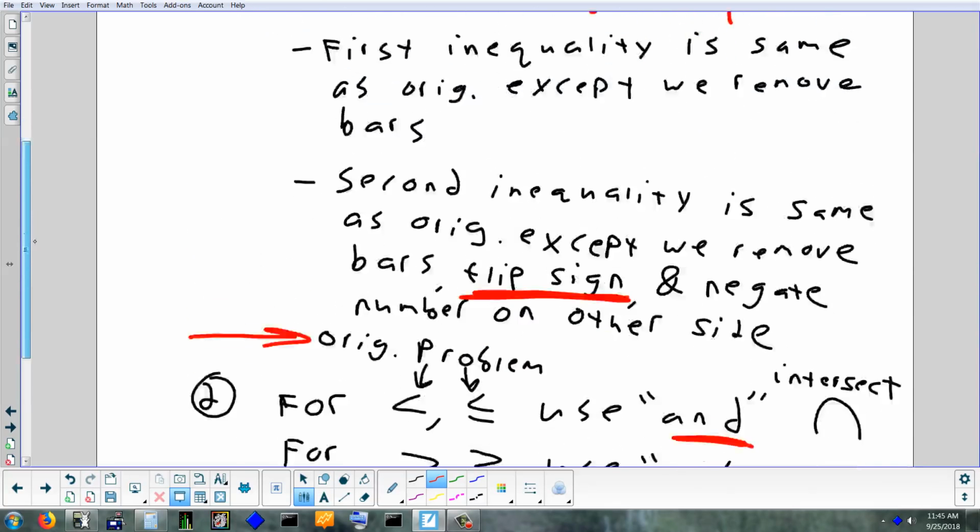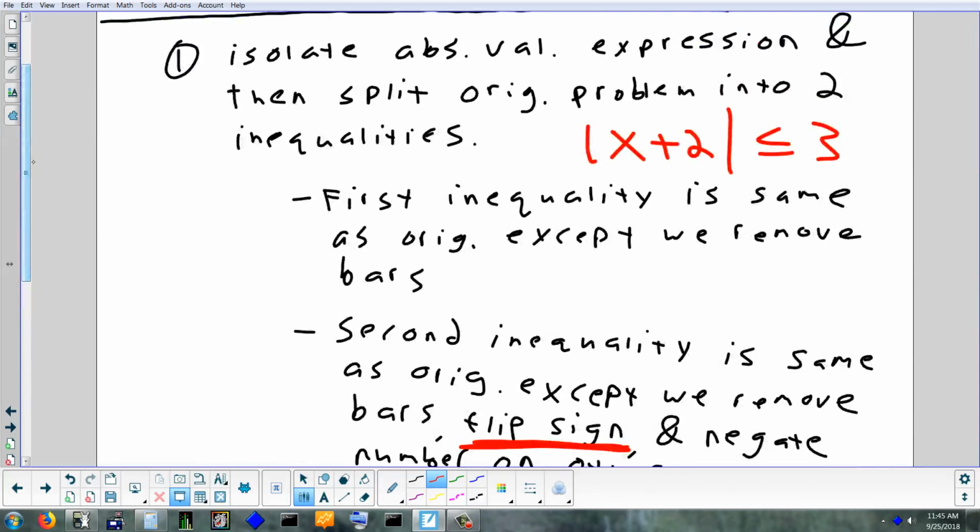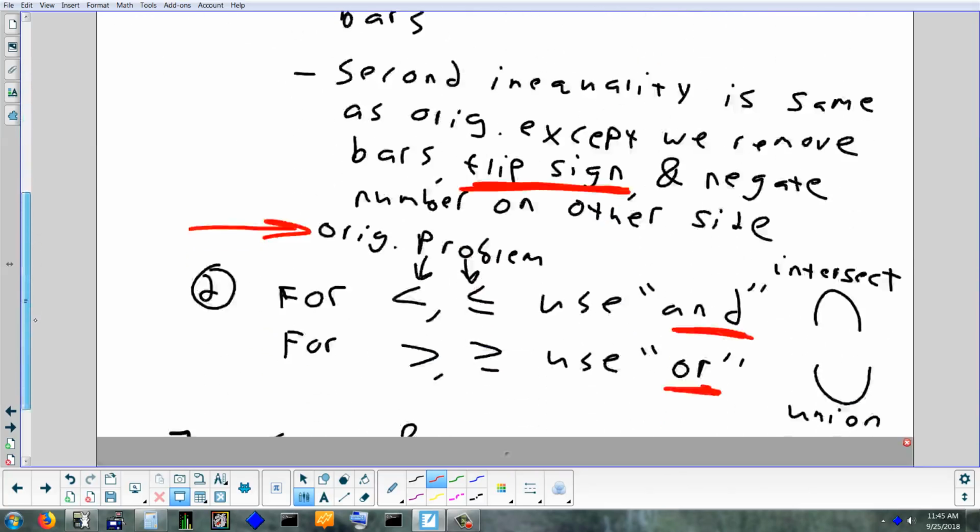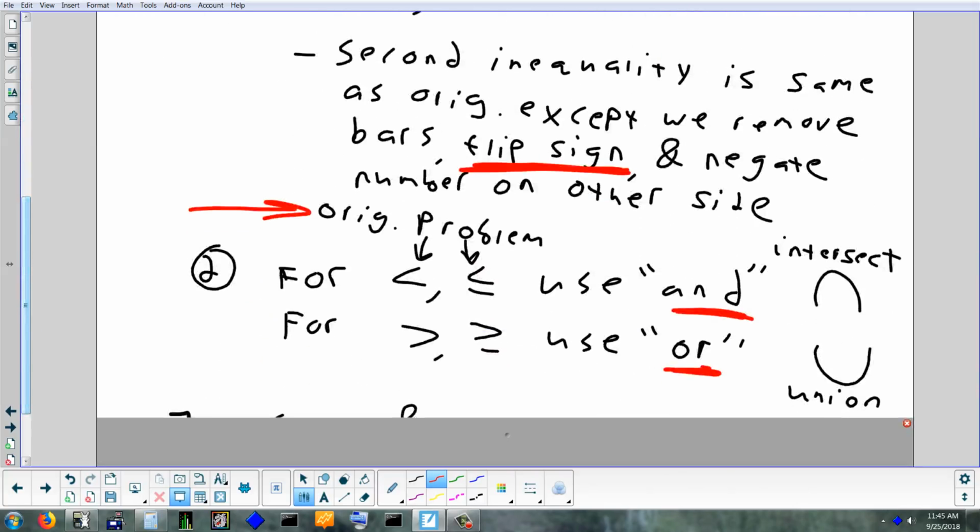Once you have the absolute value by itself, look at that inequality. That's a less than. If I solved this problem, I would have two inequalities, and I would put the word and between them. If the original problem had a greater than or equal to, I would use the word or.